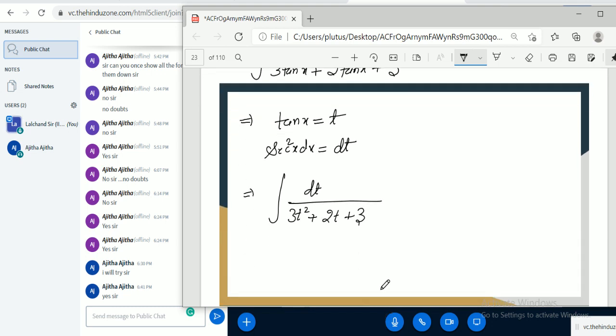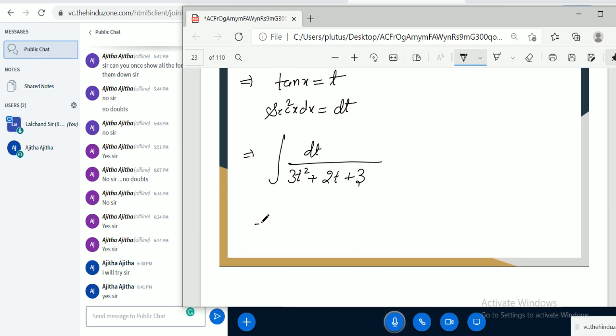Now can you simplify this by making a whole square? If we take 3 as common from the denominator, then we have 1 by 3 integral of dt over t square plus 2 by 3 t plus 1.